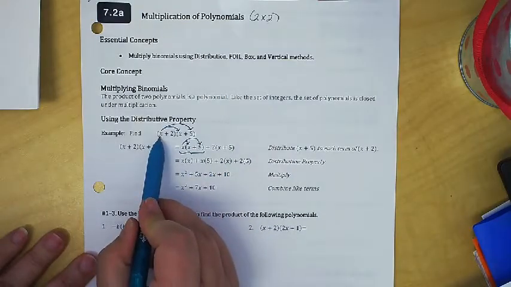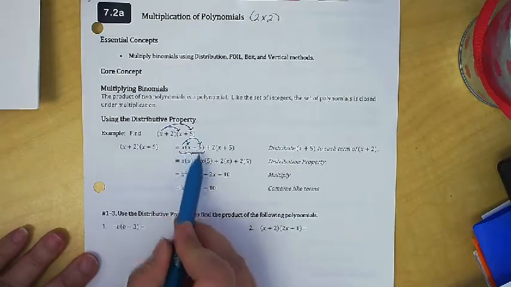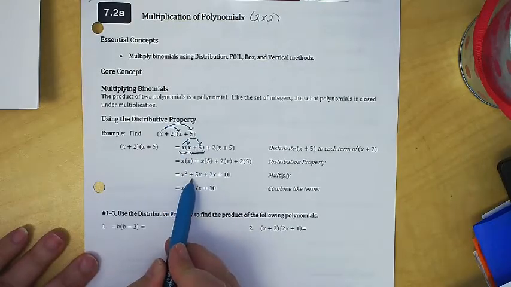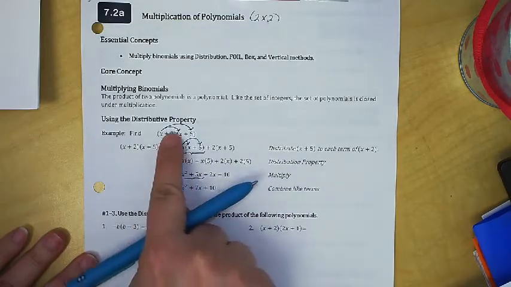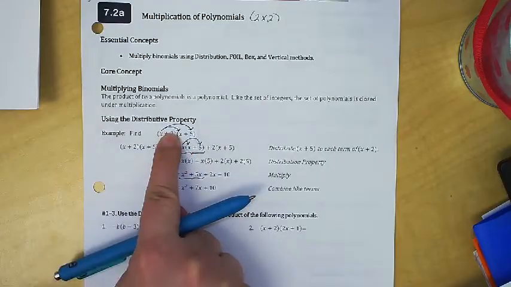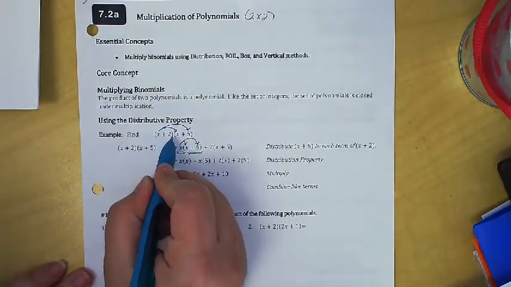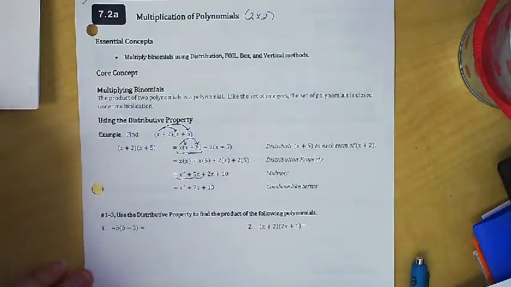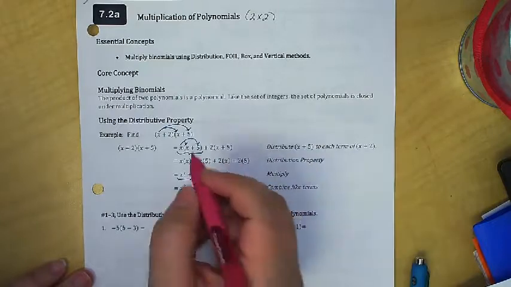So distributing that first term into that binomial, the second one, gives you x squared plus 5x. If that's all we had to do here, then we would have done x times x and x times 5, right? The difference is that since there is more than one term, once you're finished distributing that first term, you go on to the second term and you do it all over again.